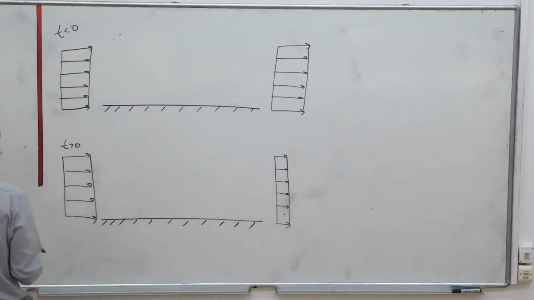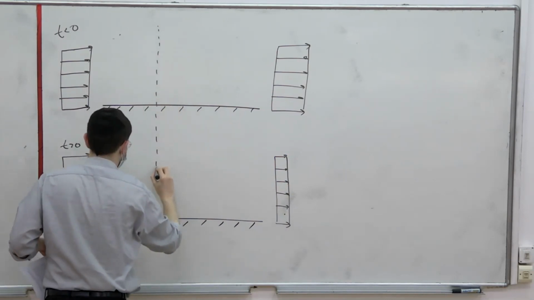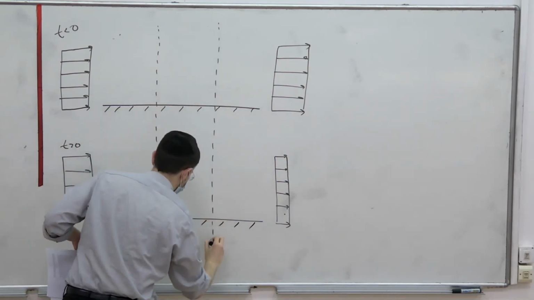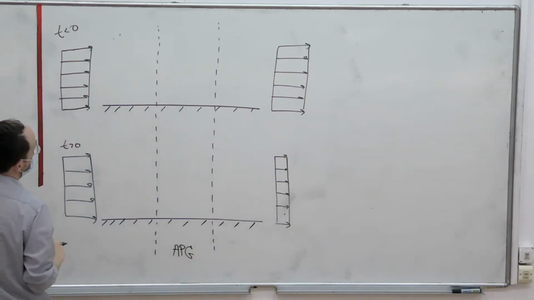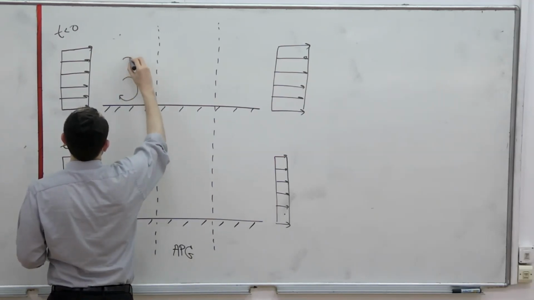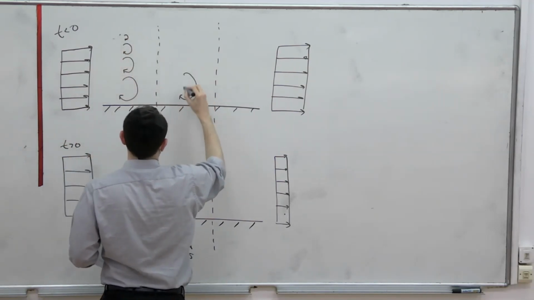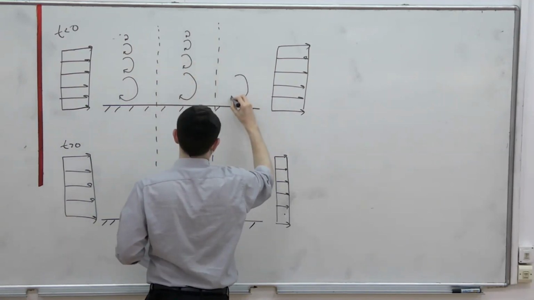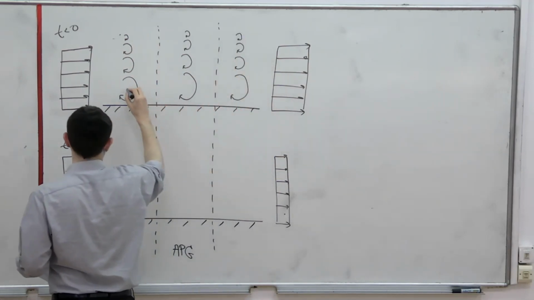Okay. And now I'm going to mark off the location of the adverse pressure gradient. Right, so this is going to be my adverse pressure gradient region. And now we have to draw in the vortices. So draw all these vortices in, and they're all negative vortices.